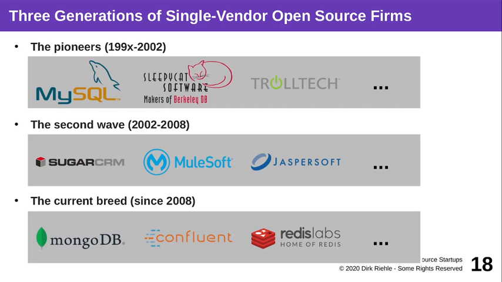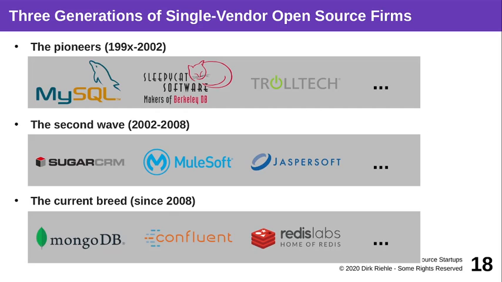There's a second wave starting in the early 2000s where smart entrepreneurs and venture capitalists realized this commercial open source thing was a real viable strategy to disrupt existing incumbents in markets.